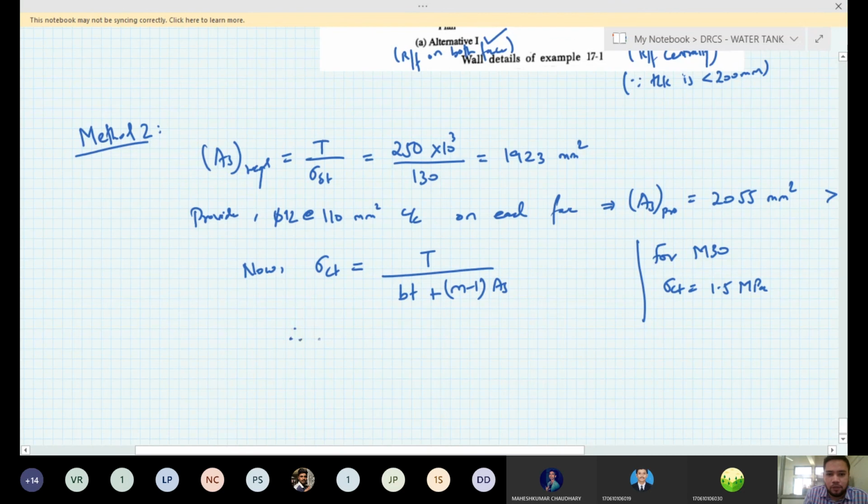So therefore 1.5 is equal to T, that is 250 into 10 to the power 3 divided by B, 1000 mm, into T. T is unknown to us, plus the modular ratio for this M30 grade. The modular ratio is 9.33.